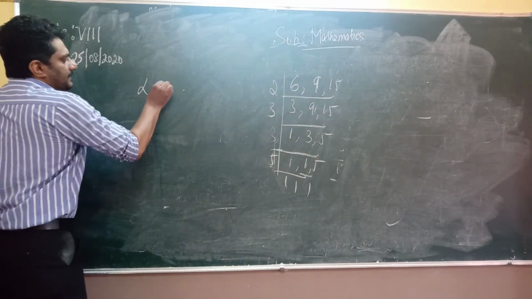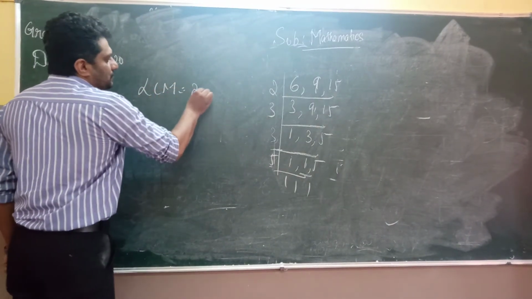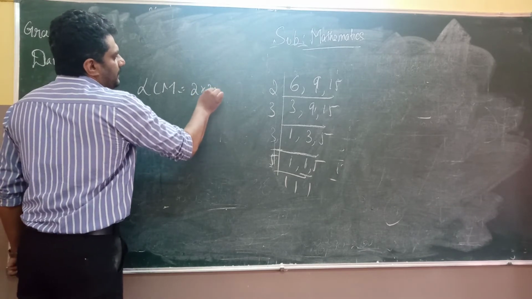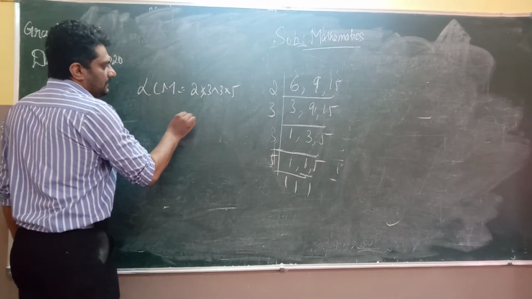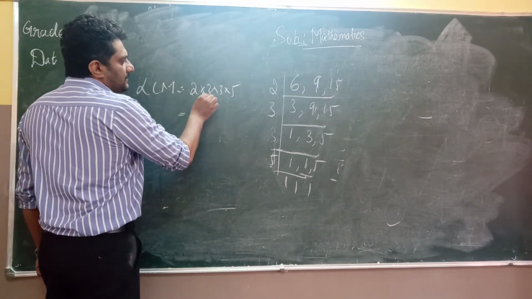So LCM is equal to 2 into 3 into 3 into 5. How much is this? 2 threes are 6, 6 fifteens are 90.